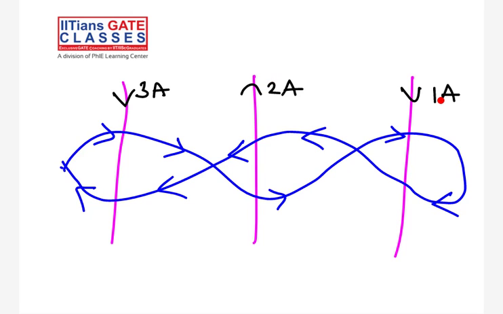The moment you start from here and go around this particular loop and come back, what is the total enclosed current? In this loop, whatever I have shown here, when you are moving in this loop, what will be the net total current? I want to find the answer.